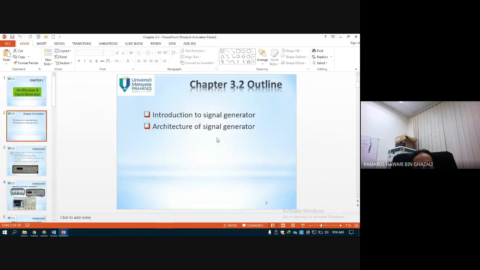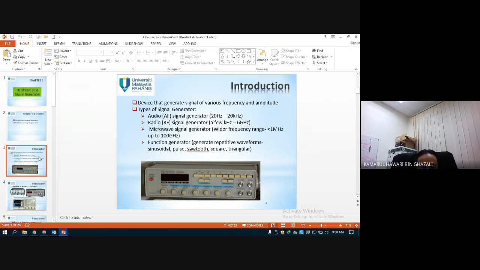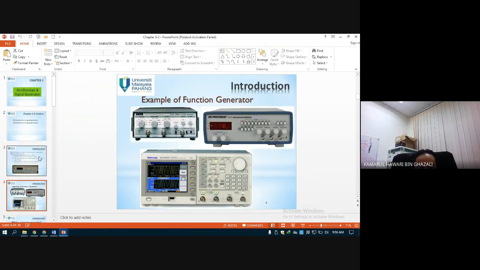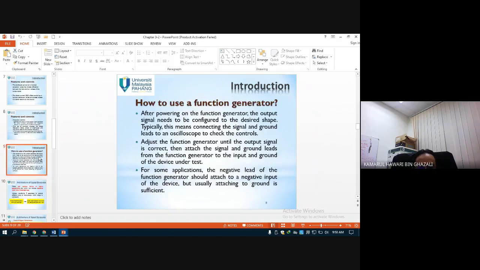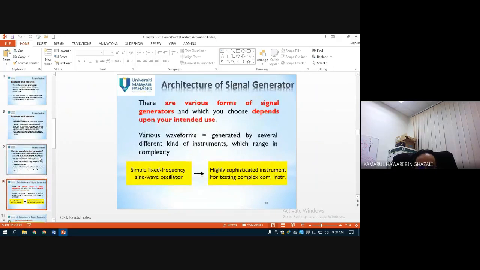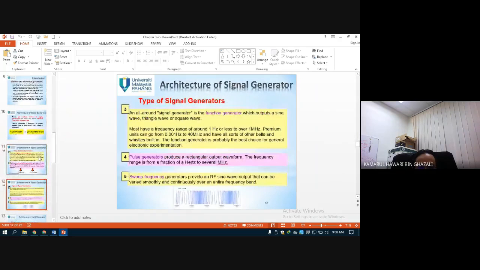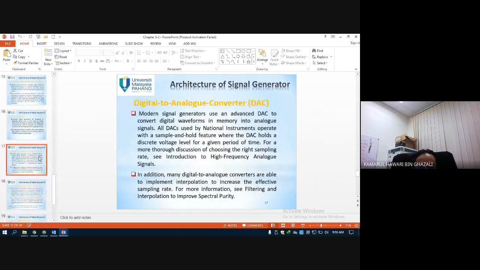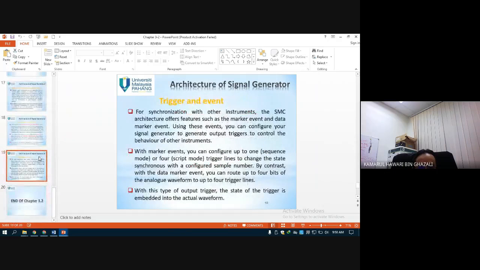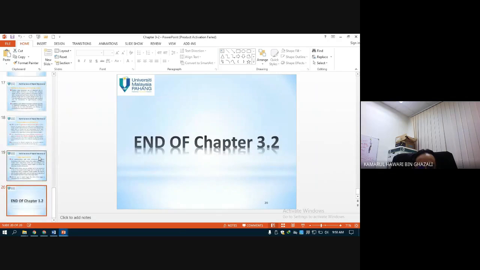So that is chapter 3.2. You learned about the signal generator. It is the theory of the function generator: the function generator has features and controls, then how to use a function generator, and the architecture of the signal generator.